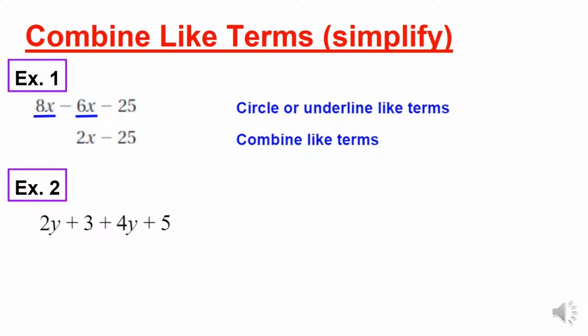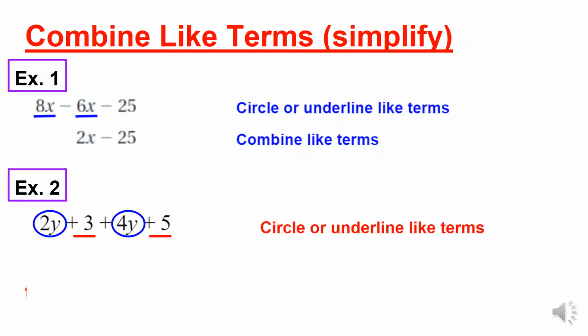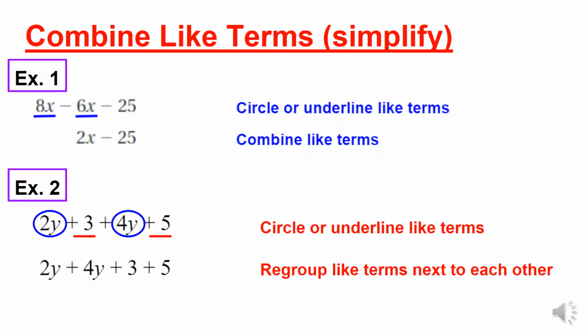Next example. Here we've got a little bit more going on. We've got some y's, we've got some regular numbers. Again, let's circle or underline the like terms. Boom. Y's are going to go together. Regular numbers are going to go together. But why don't we take a step to regroup the like terms next to each other, so it's a little bit easier to see what's going to happen with all four terms.